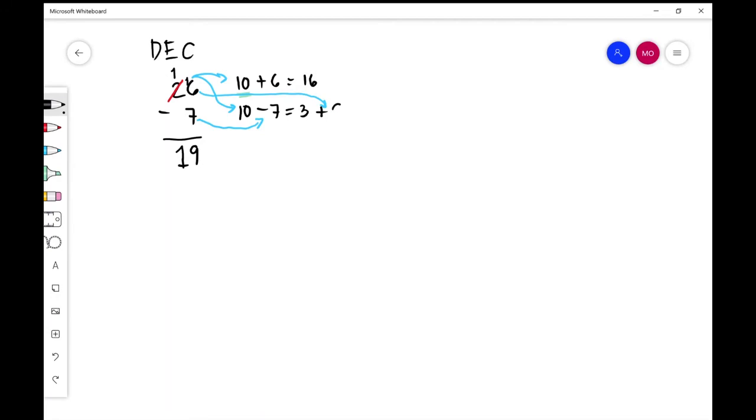So plus 9. I'm sorry, plus 6. You get a 9. And that 9 here is the same as this 9 here. You see, there are two methods how to do this. And I would recommend following the second way in subtracting octal and hexadecimal.